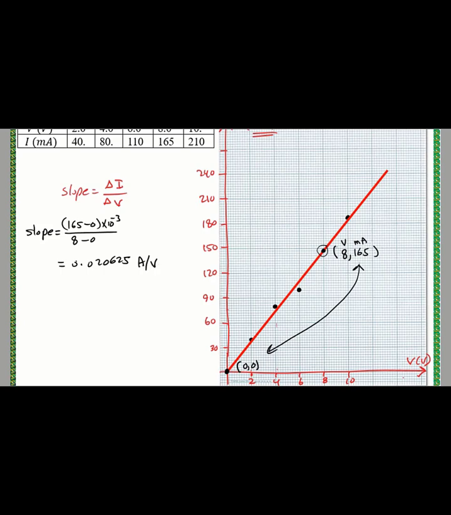Notice that this is delta I over delta V, which is 1 over R. So the resistance is 1 over the slope, 1 over 0.020625. So the resistance for this circuit is 48.5 ohms.